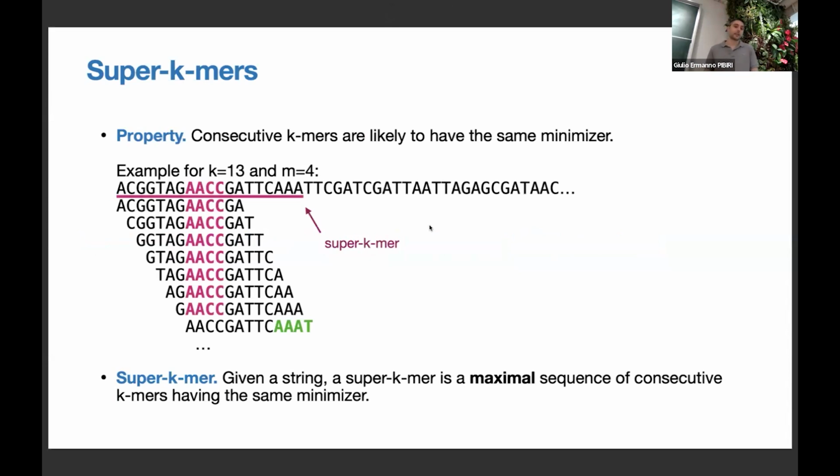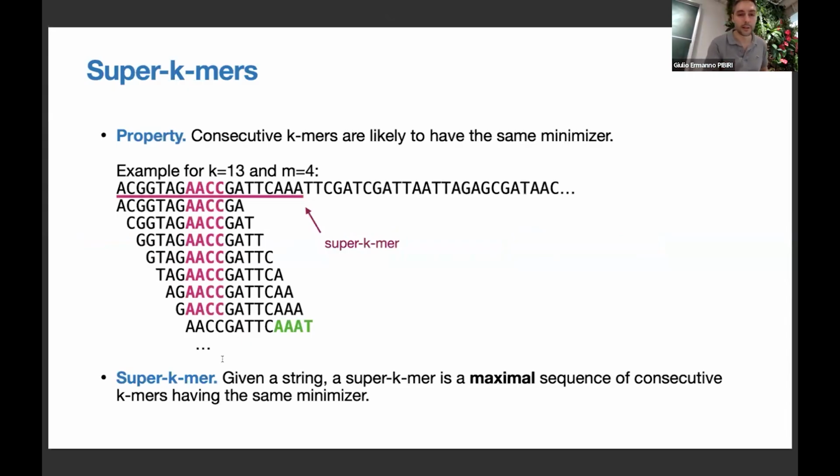So let's start conceptually by recalling what we just saw. We said that consecutive k-mers tend to share the same minimizer. So I can define a super k-mer as a maximal sequence of k-mers that share the same minimizer.